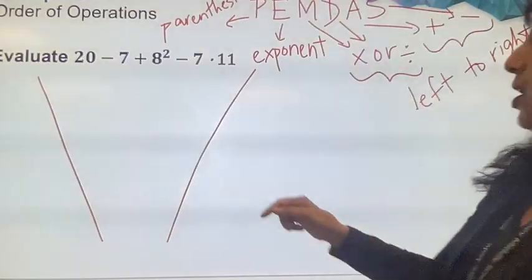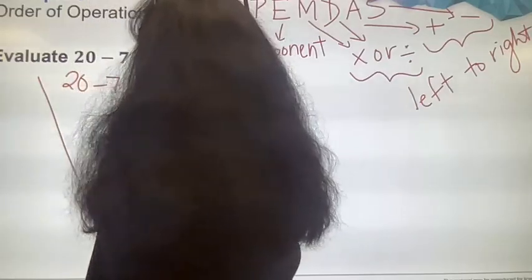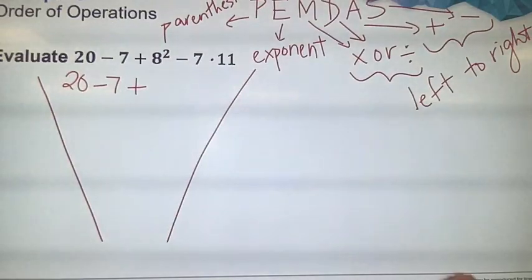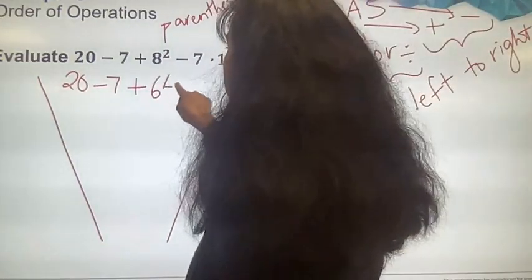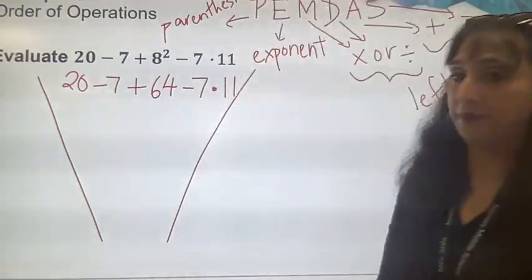Okay, so I'm going to say 20 minus 7 plus, we have an exponent, and 8 times 8 gives me 64 minus 7 times 11.